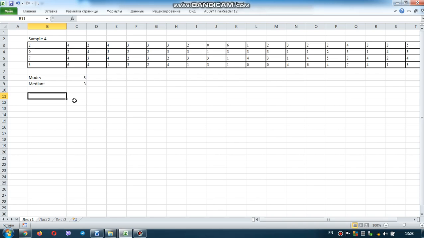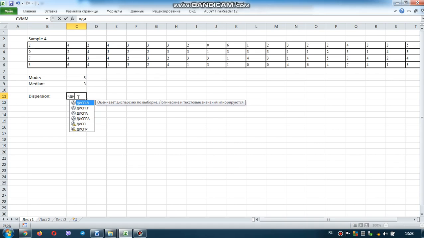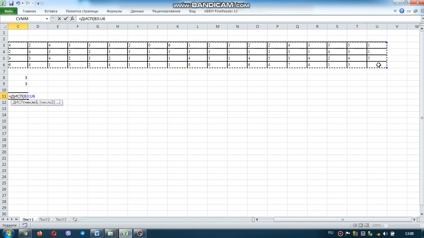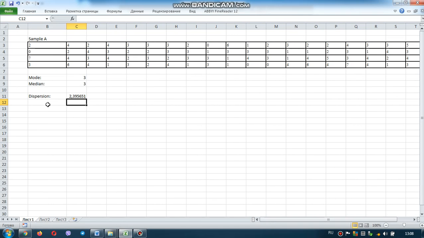To calculate the mean square deviation, first of all, we have to know dispersion. And mean square deviation.